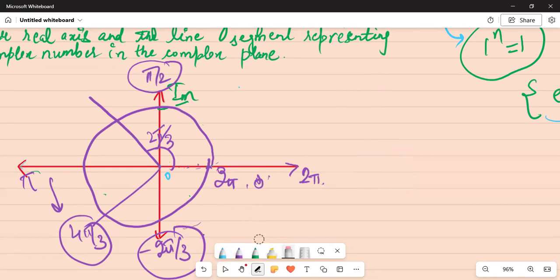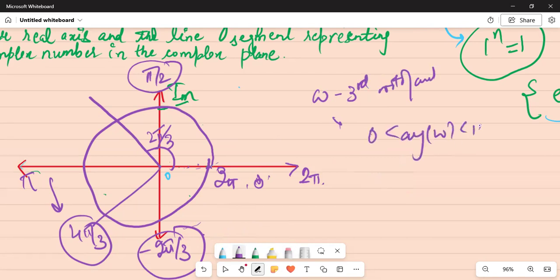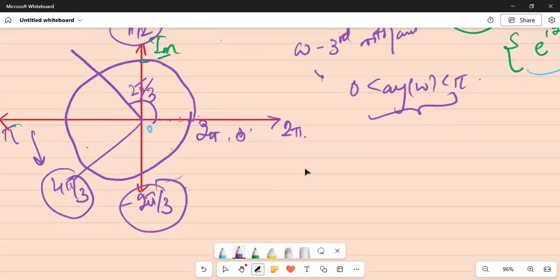Since we are asked here, let omega be the cube root of unity such that its principal argument lies between 0 and pi. And what are the principal arguments?